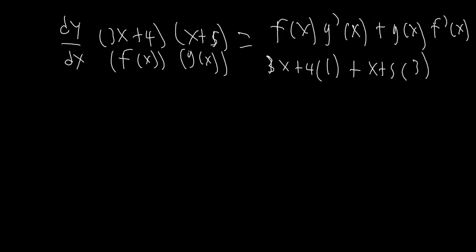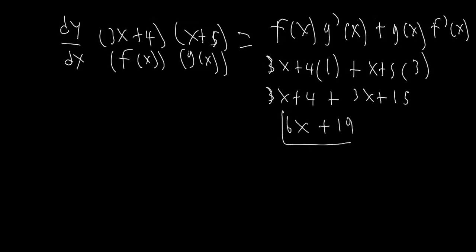Then we get 3x plus 4 plus 3x plus 15, and then we get 6x plus 19. So the derivative of 3x plus 4 times x plus 5 is just 6x plus 19.